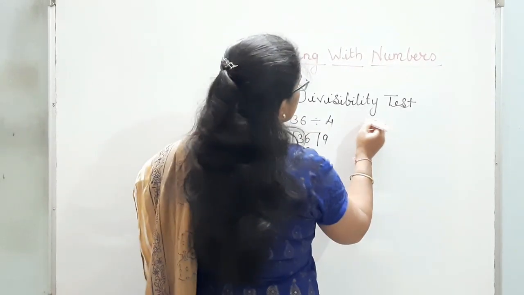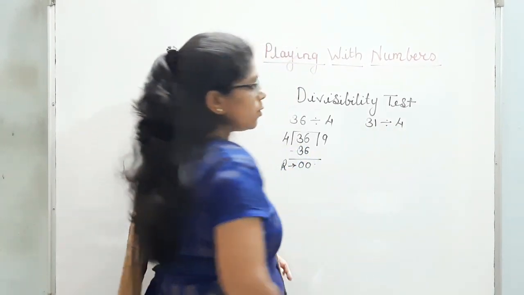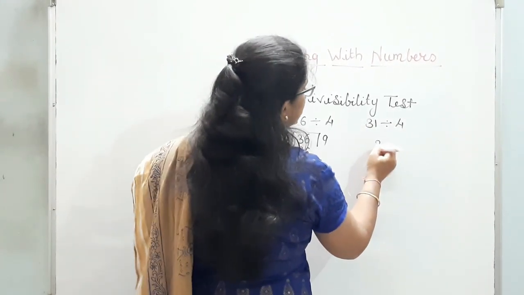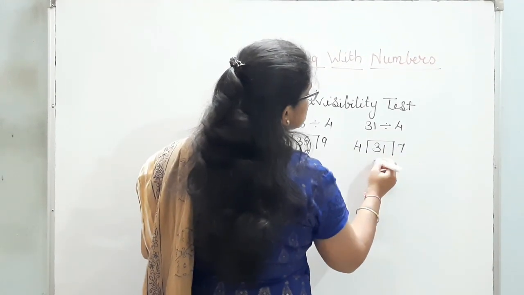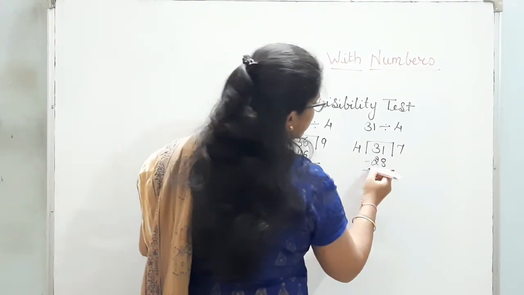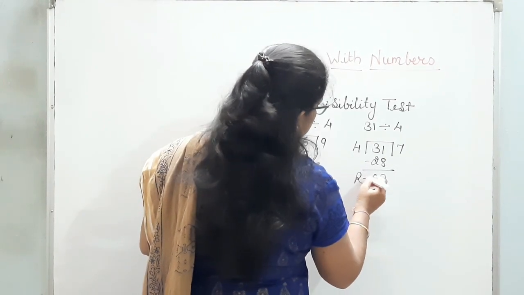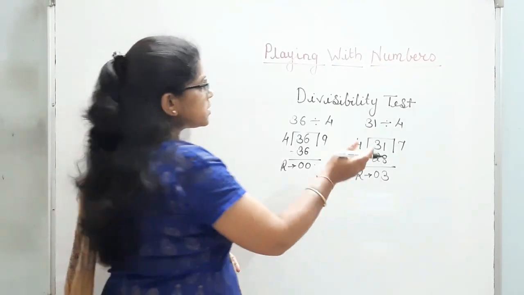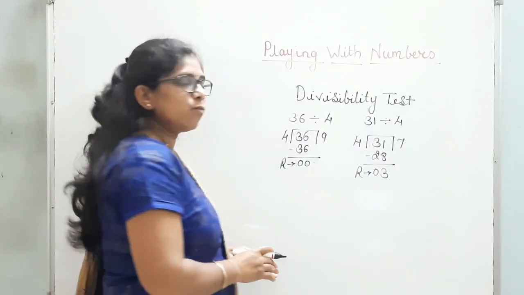If I ask whether 31 is divisible by 4 or not, let us divide 31 by 4. 4 sevens are 28, 31 minus 28, remainder is 3. If your remainder is not 0, we say 31 is not divisible by 4.